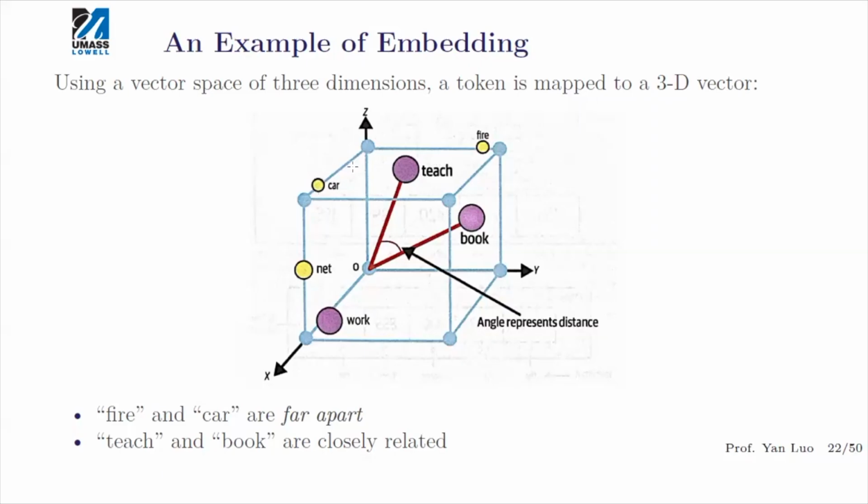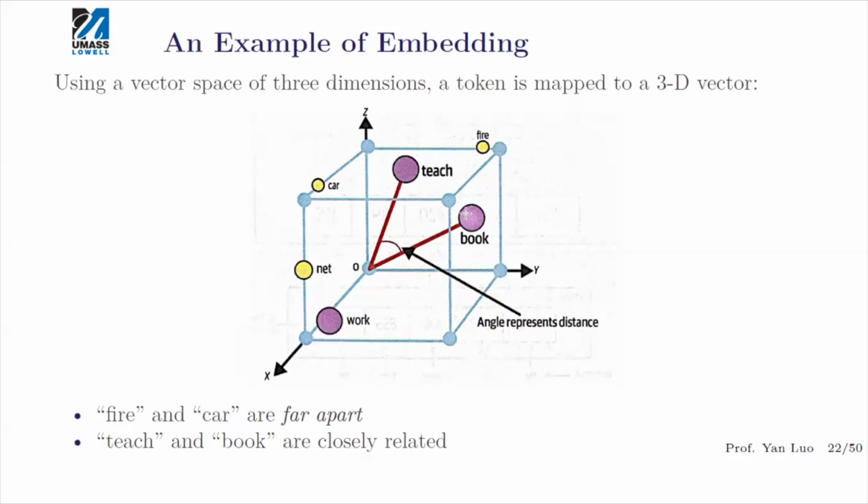We have car, fire, net, work, teach, book. Without explaining how we get to this representation, you can see I put the fire here on this YZ plane, and this car here is in the XZ plane, and work is somewhere close to this vertex, while teach and book are somewhere here.